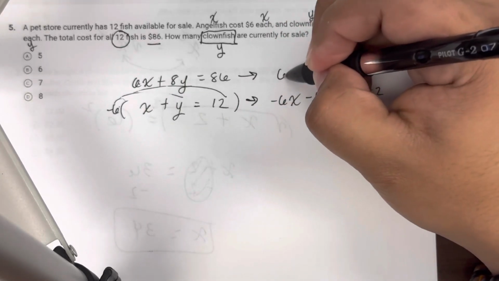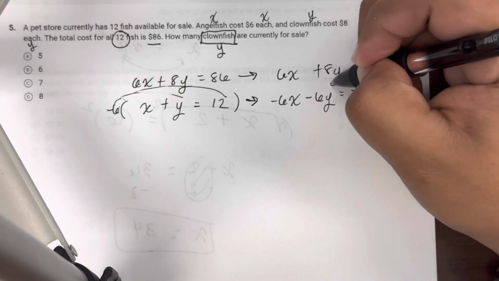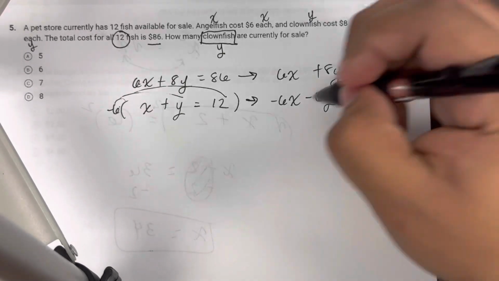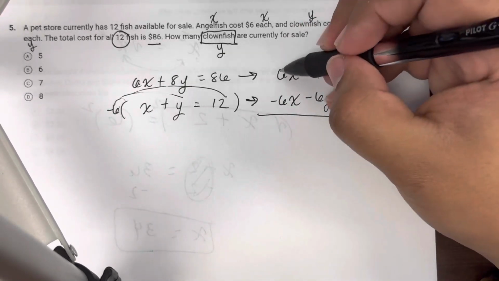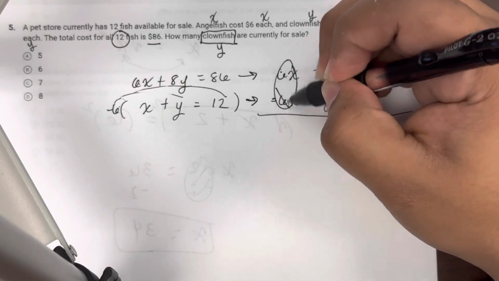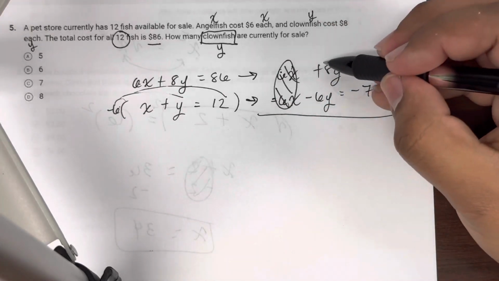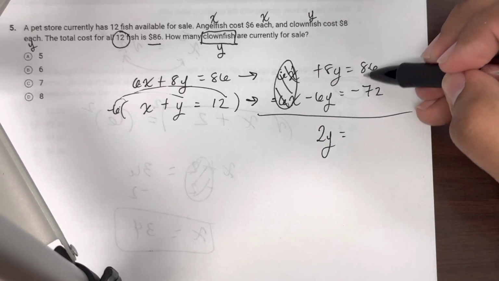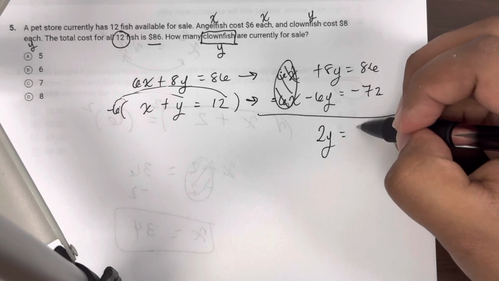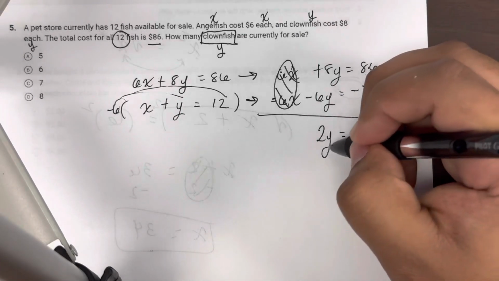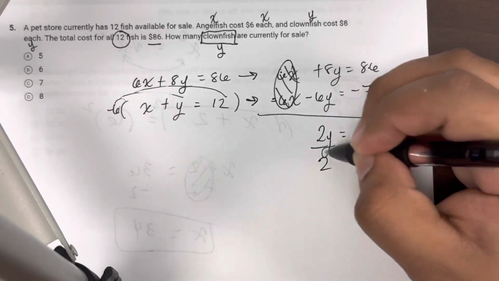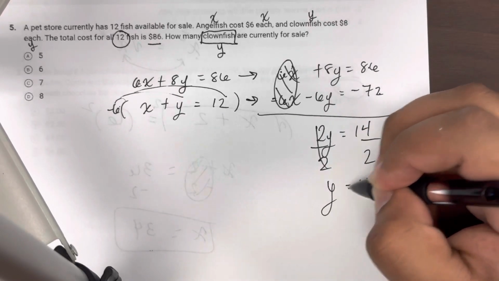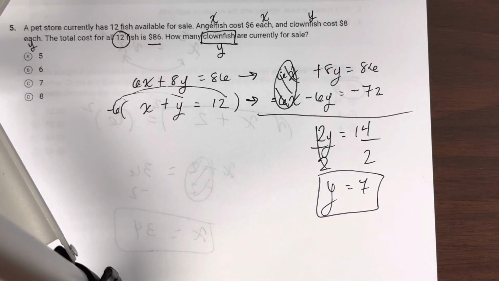Just writing the same thing on top. And then we go downwards. 6 minus 6, 0. That cancels out. 8 minus 6, 2y equals 86 minus 72, 14. Divide by 2, y equals 7. So we have 7 clownfish, which means we have 5 angelfish.